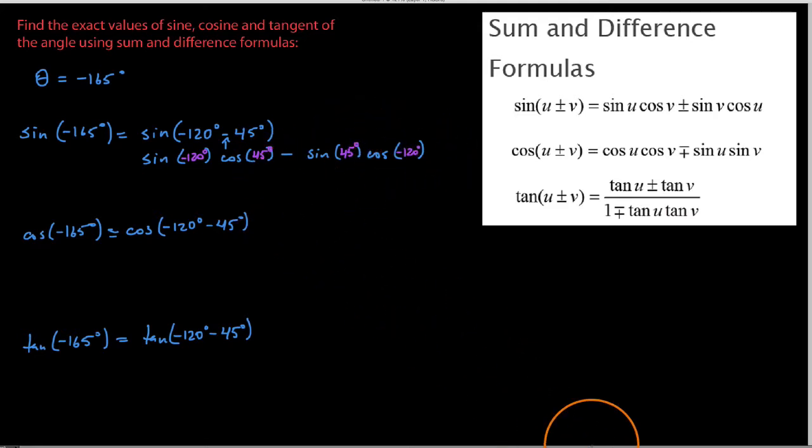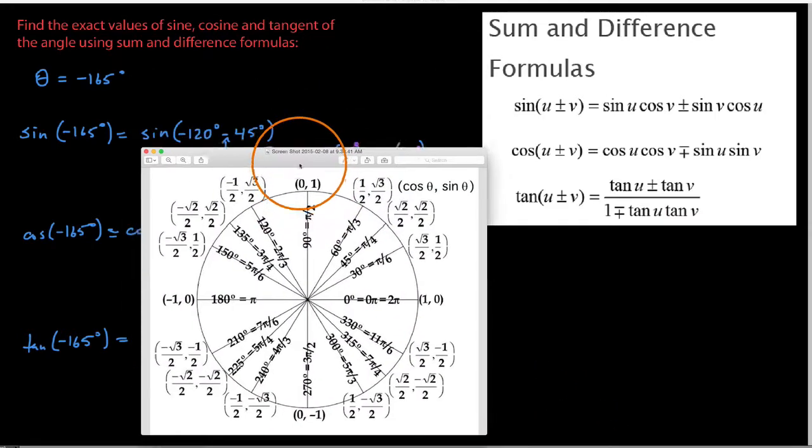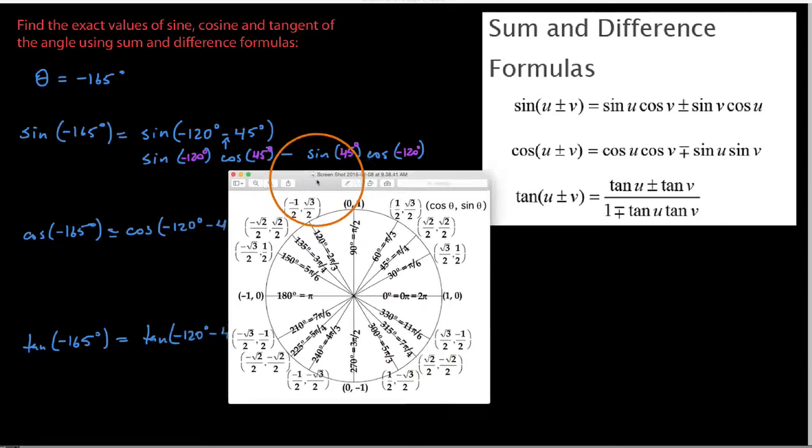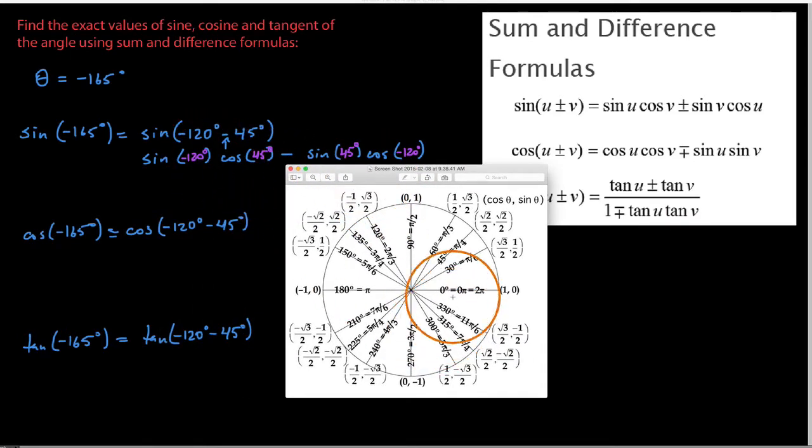Okay, so evaluating these, we're just going to use our unit circle since this is a convenient thing to be able to use in this particular case. The sine of negative 120, if we were to rotate negative 120 degrees, is the same as positive 240.